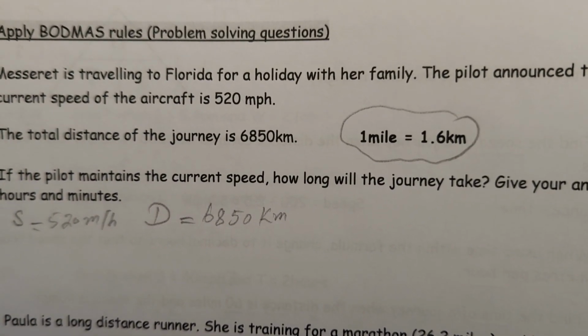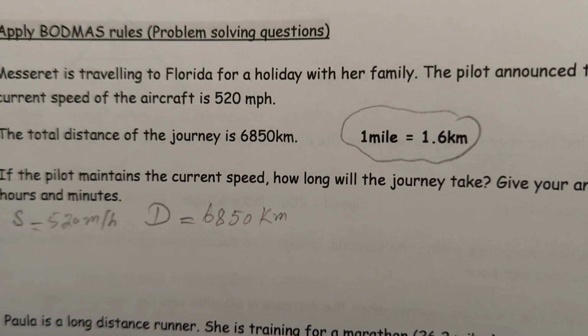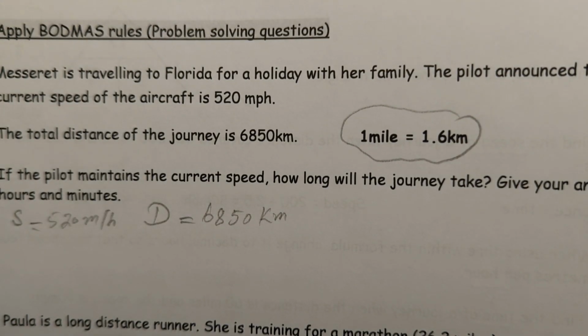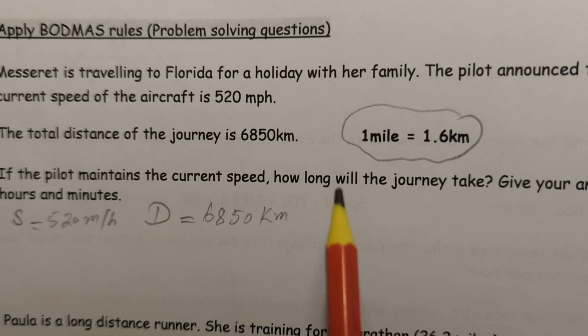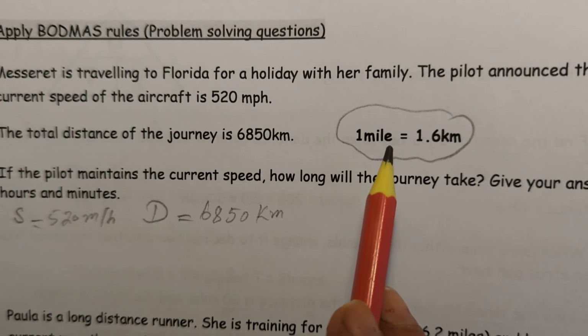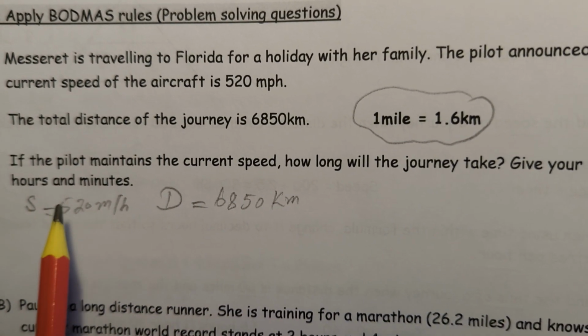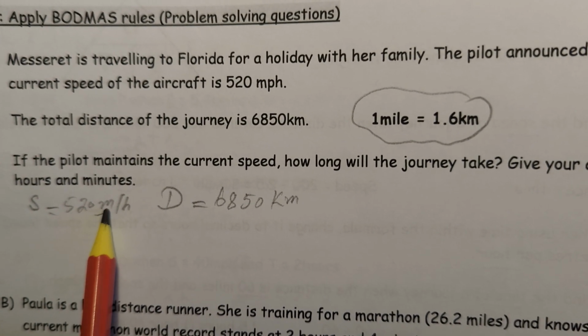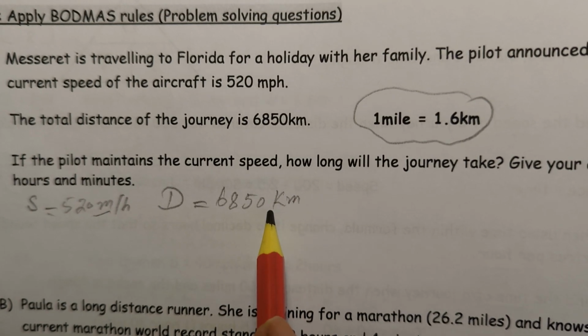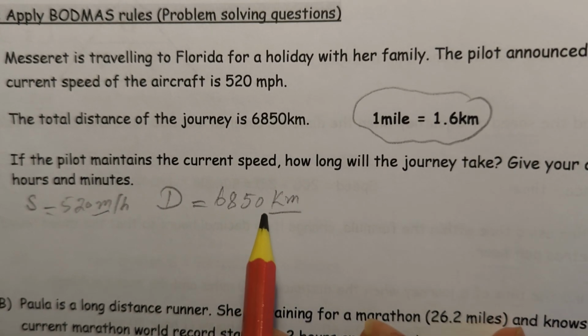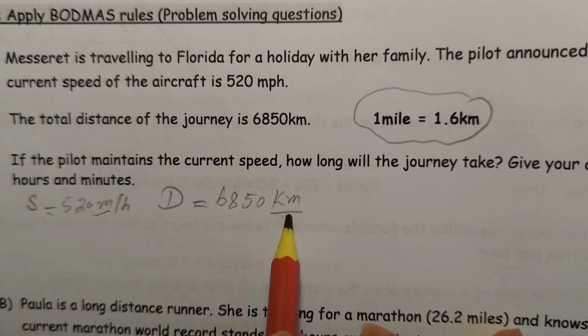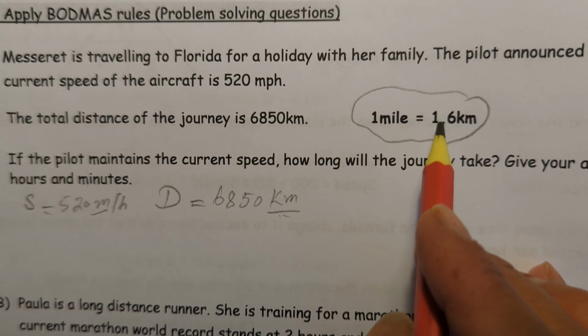Whatever is given, we have to use those values in our question, then we can solve it. Keep it in mind. Speed is given in miles, and distance is given in kilometers, so we have to convert kilometers into miles using this relationship.